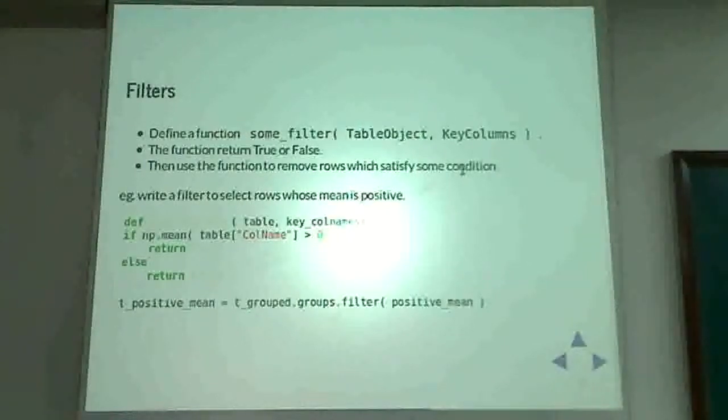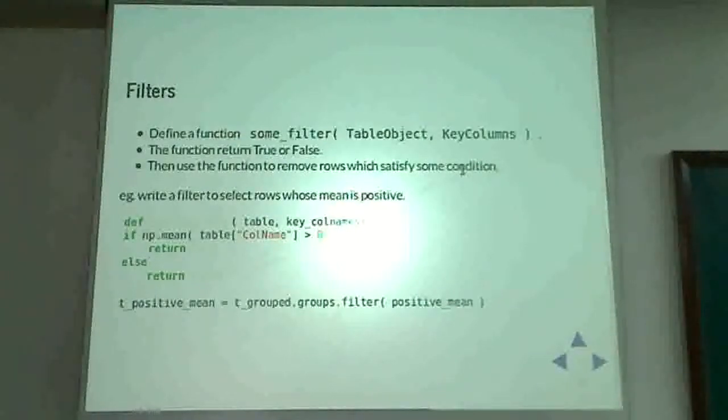So if I wanted to filter out all groups which did not have a positive mean of a certain row, this is what I would do. I would say define positive mean, table, key column names, and I'll say if numpy.mean of this entire column is greater than 0, return true, else return false. And if I say t positive mean is group table.groups.filter, and I supply this function as an argument, what does it do?